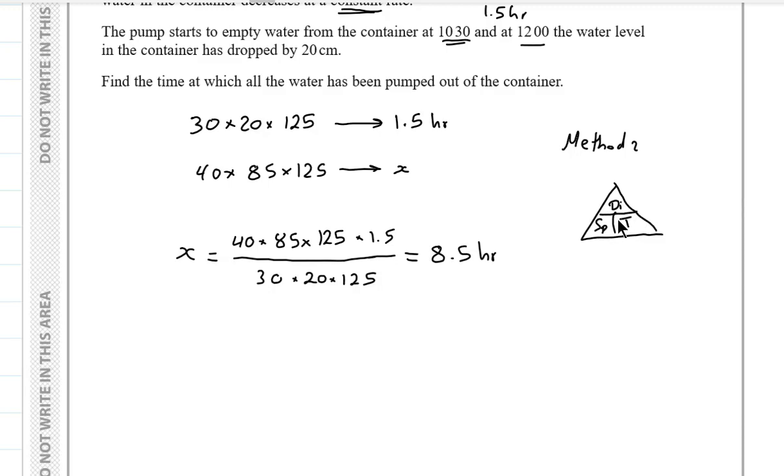We will make a similar triangle, but we will put here R, which is the rate of decrease, here the time, and here the volume. Calculate the rate and the volume, and you can get the time this way.